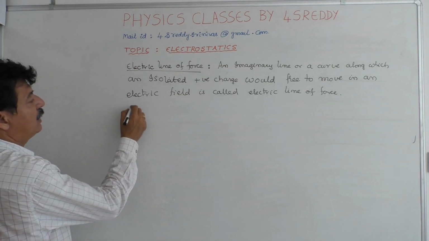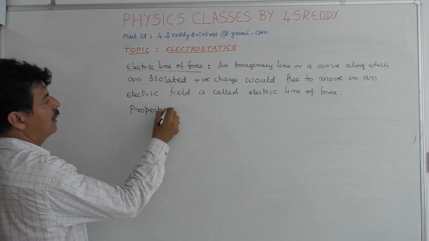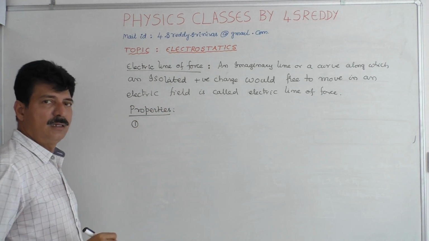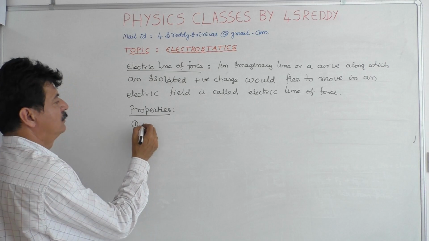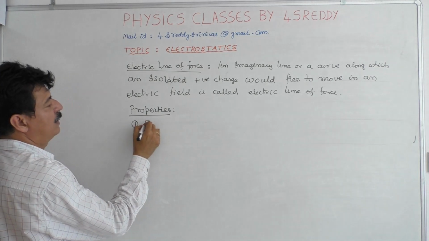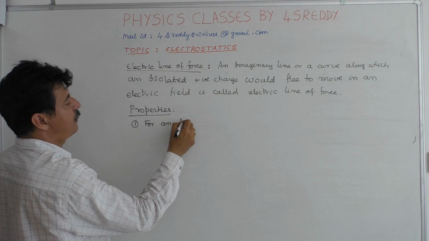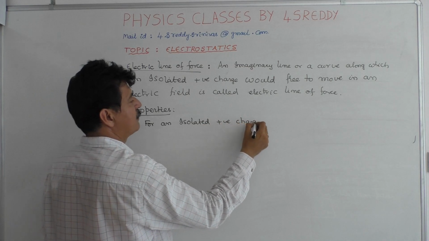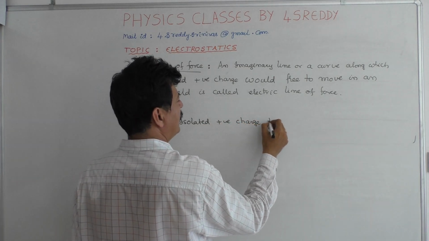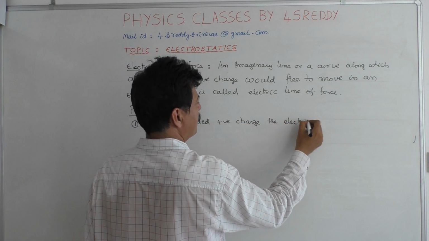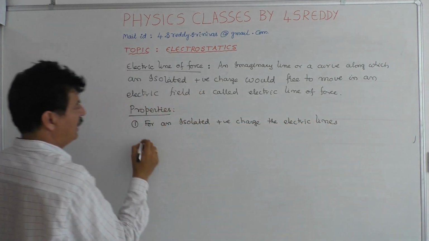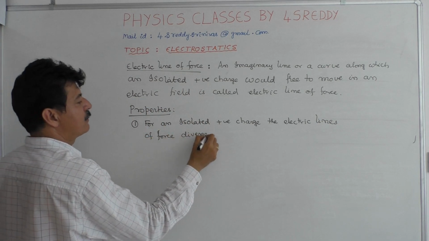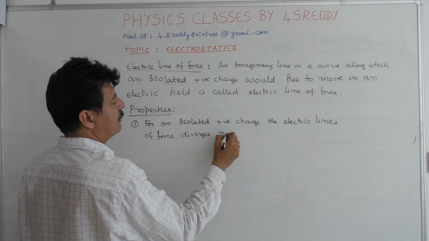Then what are the general properties of these electric lines of force? First one: for an isolated positive charge, the electric lines of force diverge normal to its surface.